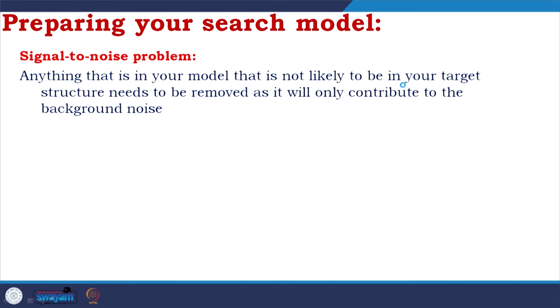Suppose, as I told, when it is the same protein, this signal to noise problem was not there, but now when you are going for 30%, 40% identity models, your unknown protein and the target protein could be very different.